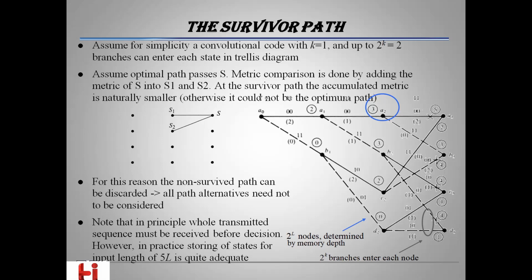So only those paths survive for which we know definitely that it is going to be a minimum distance path. And that is the gist of this survivor and non-survivor path comparison.